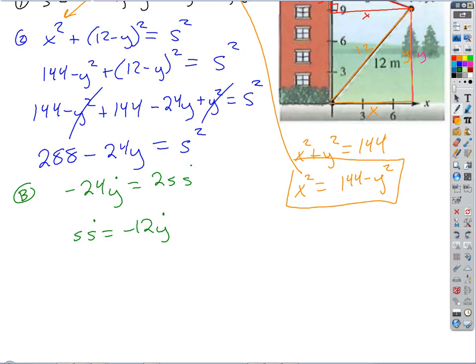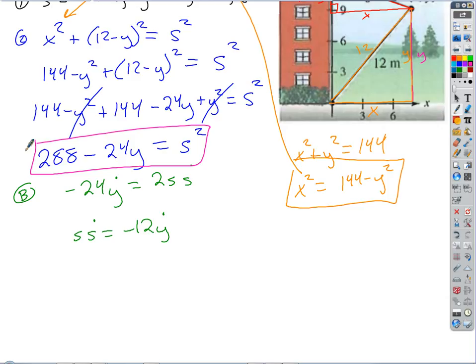Where could I go to find the value of s? Where are y and s related? Because I know something about y, don't I? y is 6. Back then, that is my parent equation, right? My new parent equation relates y and s, doesn't it?